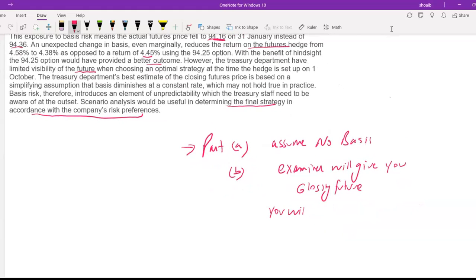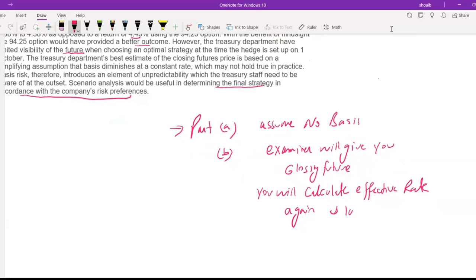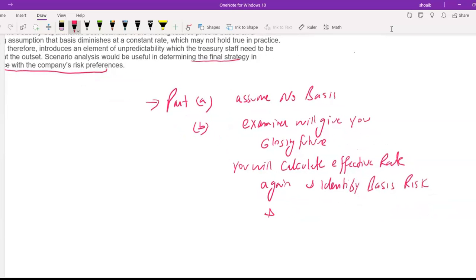You will calculate effective rate again and identify basis risk. And discuss the case.